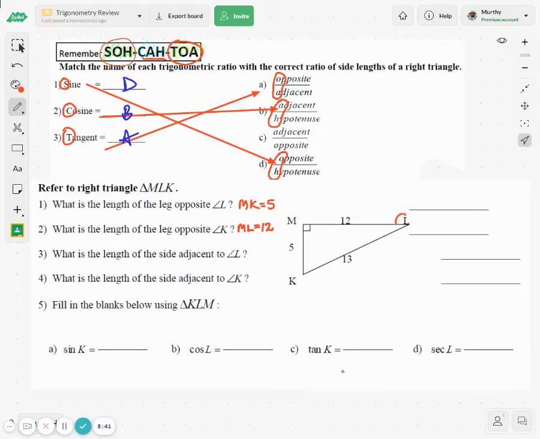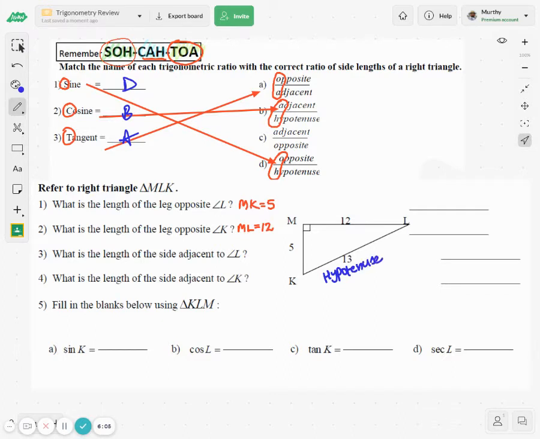See, adjacent means we get a doubt. Is it this side, or do I have to take this side? To avoid this kind of confusion, in the beginning of attempting the question itself, you write that, I hope you remember, the side opposite to 90 degrees is known as hypotenuse.